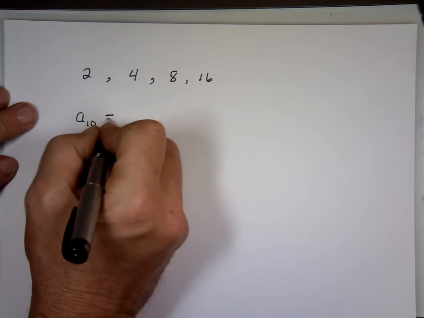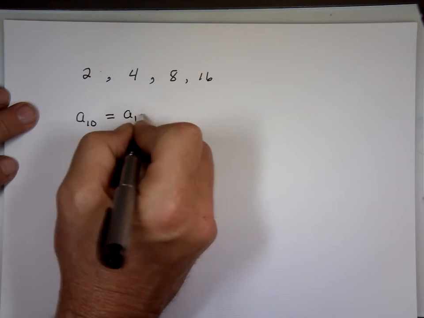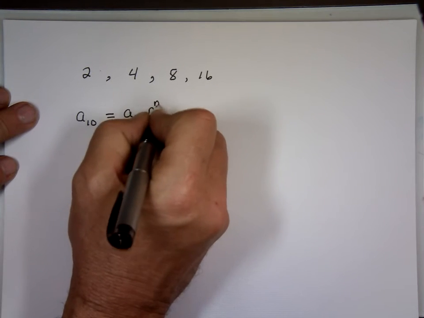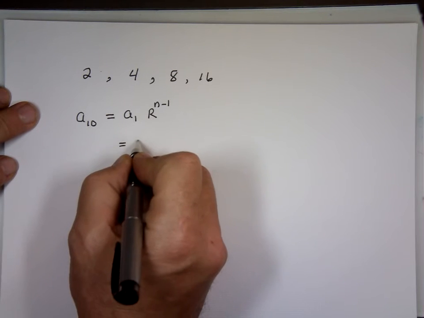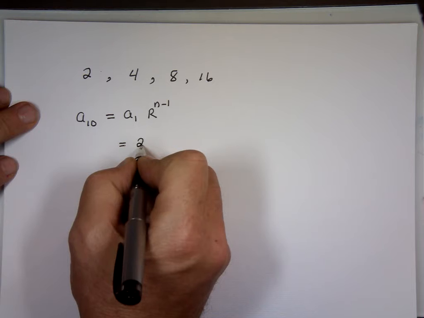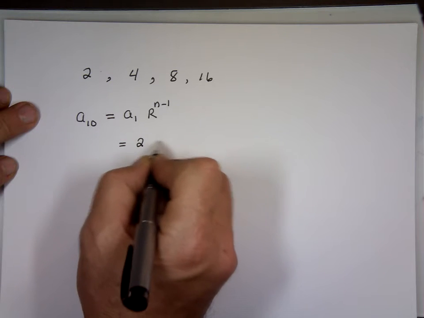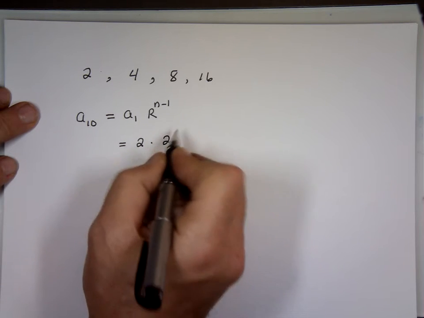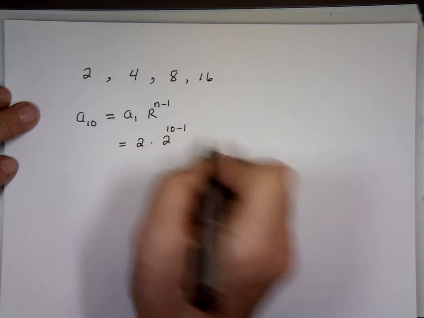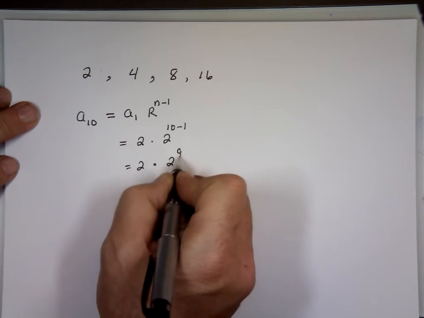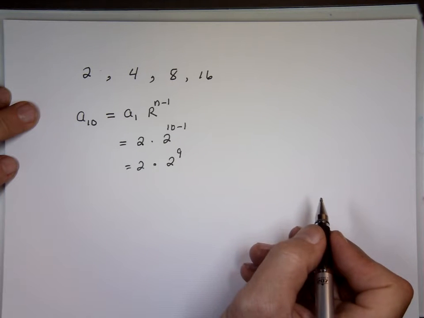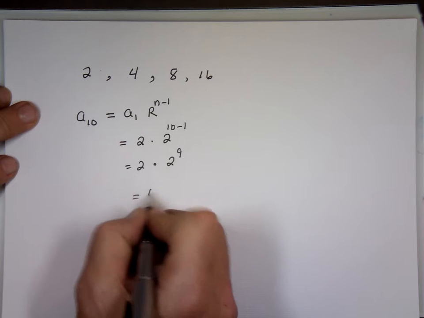It's a1 times r to the power of n minus 1. The first number is 2, r is 2, so 2 to the power of 10 minus 1. So you end up with 1,024.